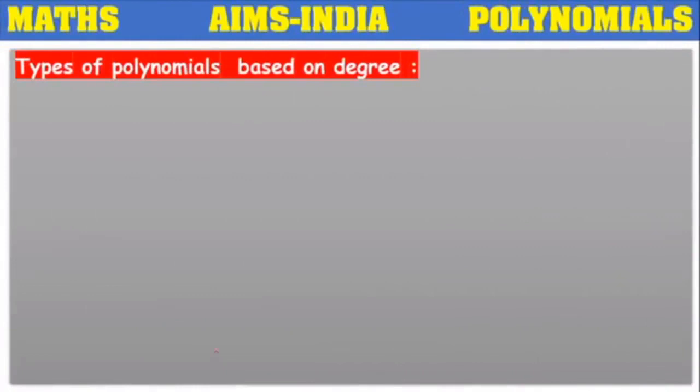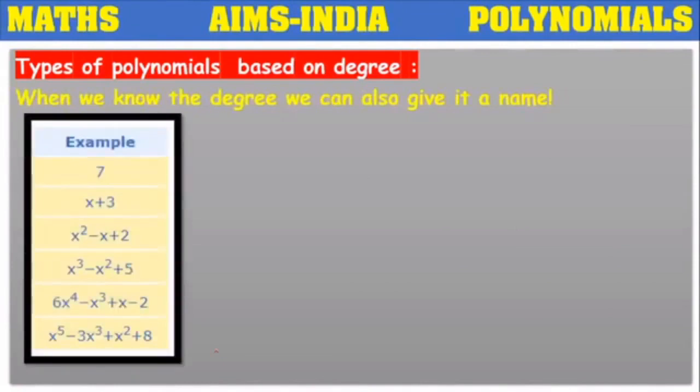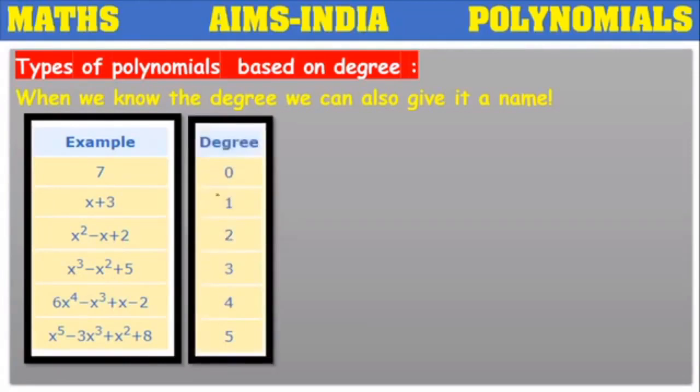Based on the degree, we can name the polynomials. Suppose we have polynomials like this: 7, x plus 3, x squared minus x plus 2, x cubed minus x squared plus 5. Like this, we have some examples. If we observe here, for 7 there is no variable. We can take it as 7x to the power of 0.